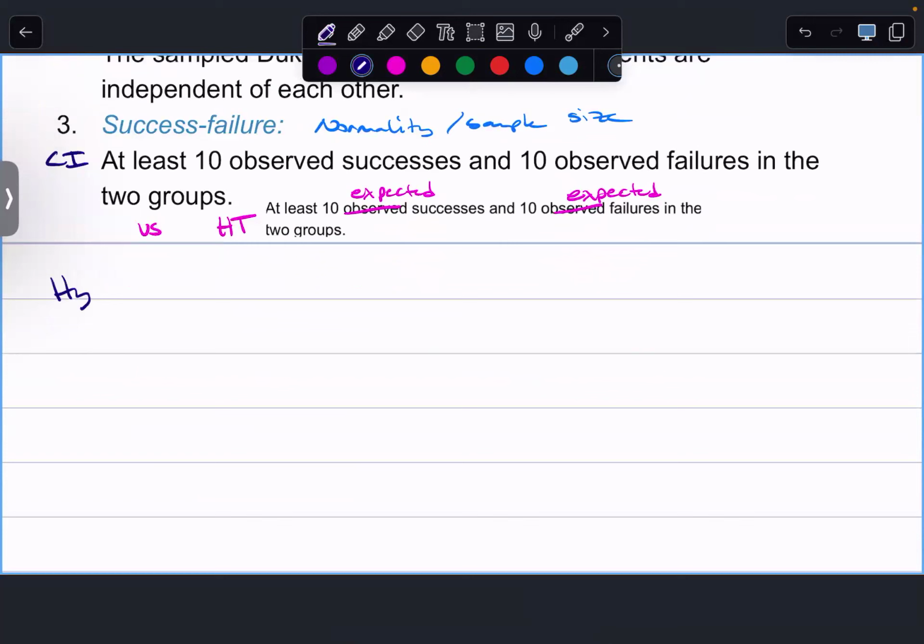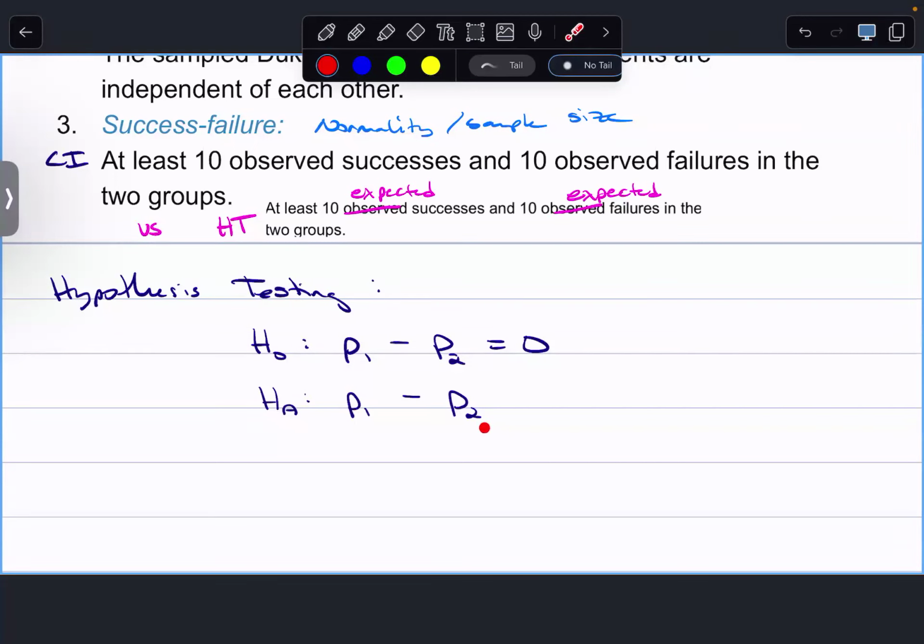So for hypothesis testing, we already established and worked our way to the null hypothesis, the null hypothesis being there's no significant difference between the two. And so we already worked towards H naught: P1 minus P2 is equal to 0. And for simplicity, let's say the alternative hypothesis has to be about how P1 relates to P2 still, right?